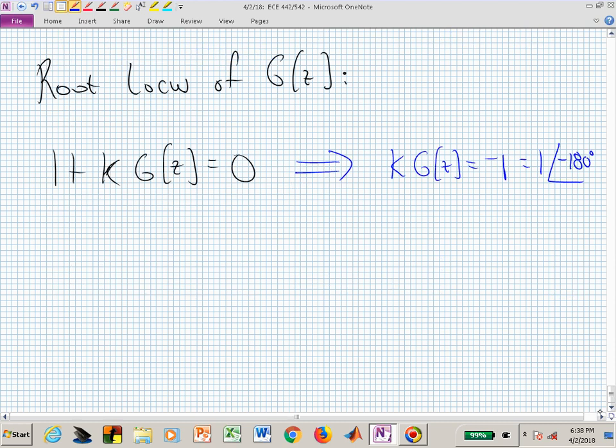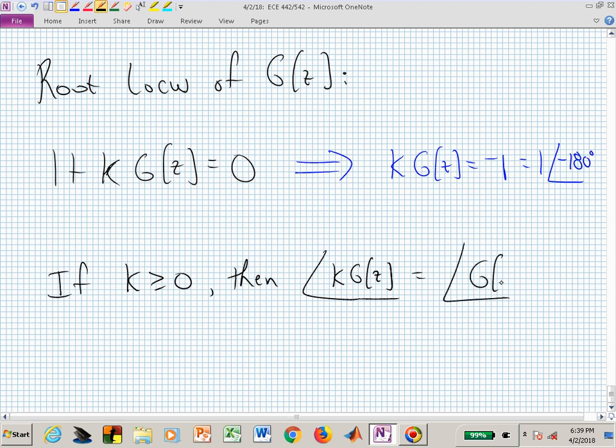Do you see that? Well, if k is greater than or equal to 0, then the angle of kg of z is equal to what? What's the angle of k if k is greater than or equal to 0? It's 0, isn't it? It's not adding anything, so this is now just the angle of g of z.